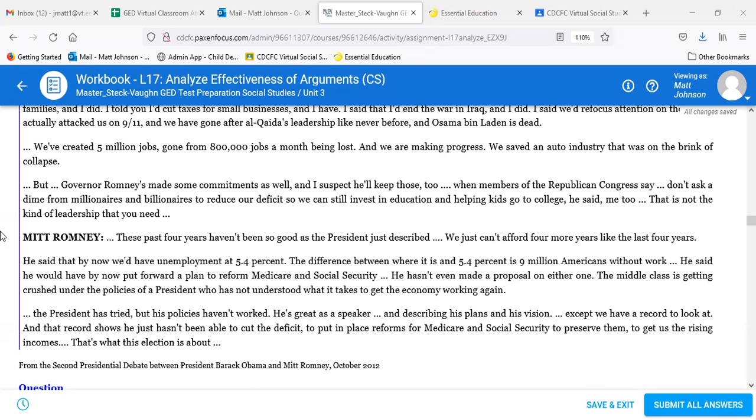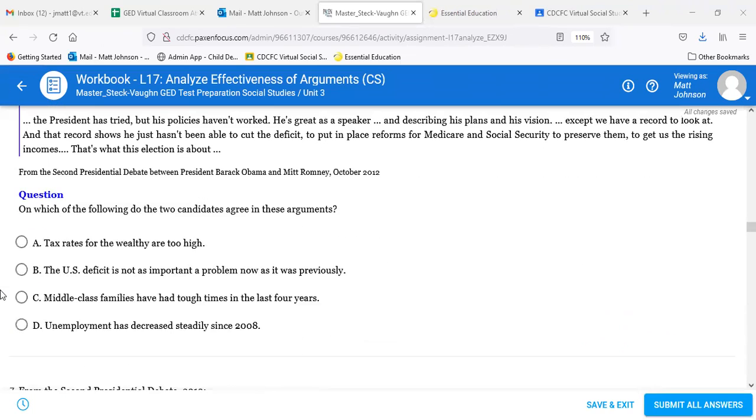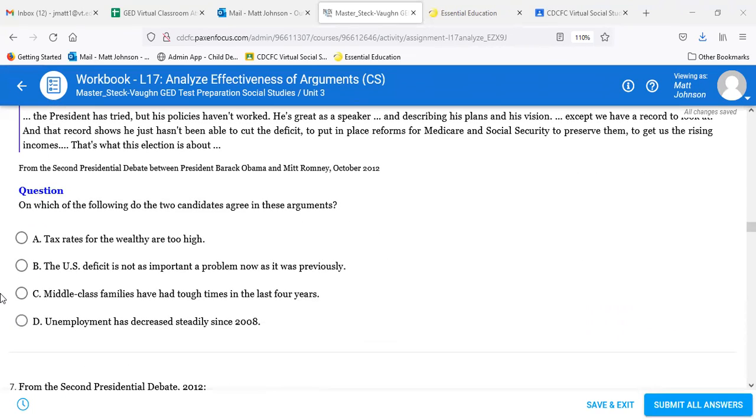From the second presidential debate between President Barack Obama and Mitt Romney, October 2012. The question: on which of the following do the two candidates agree in these arguments? A, tax rates for the wealthy are too high.